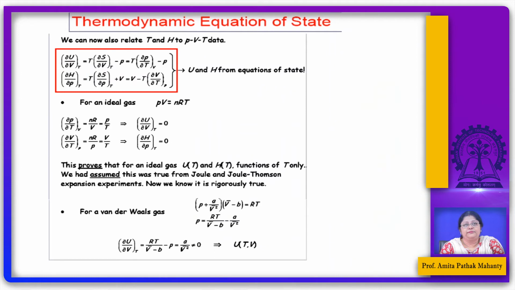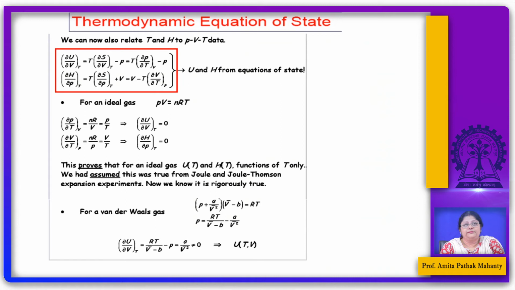Let us show, using the Maxwell's relation, that for an ideal gas the internal pressure will be zero, and this enthalpy change at constant temperature, which we call the isothermal Joule-Thomson coefficient.